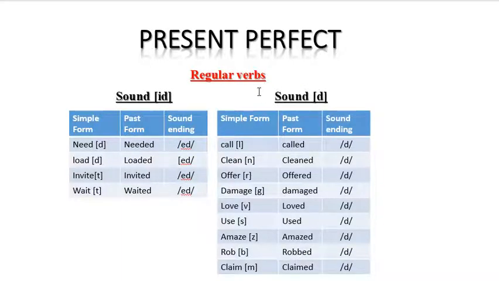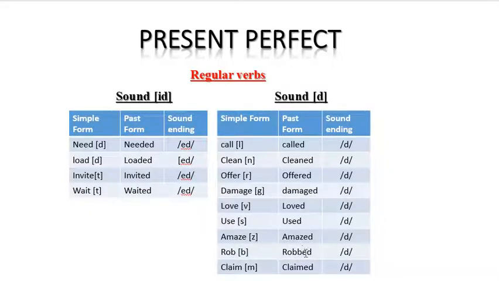So for the last one, regular verbs with ed. When the verb ends with l, n, r, g, v, s, z, b, m, we need to express the sound d. For example, called, cleaned, offered, damaged, loved, used, made, robbed.